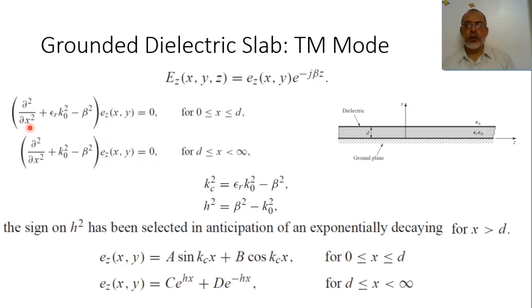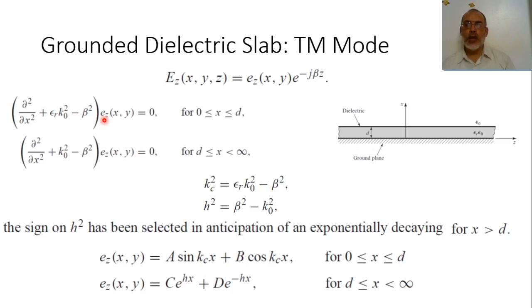The solution for partial by partial x squared plus kc squared, Ez as a function of x, can be represented as sine kcx and cosine kcx. If we take the second derivative of sine kcx, it would be minus kc squared sine kcx, so minus kc squared plus kc squared would be 0.